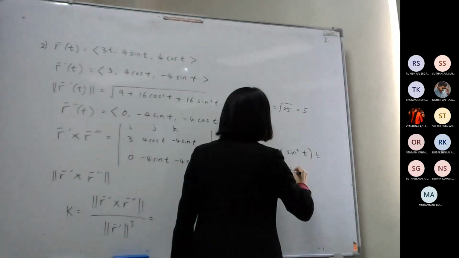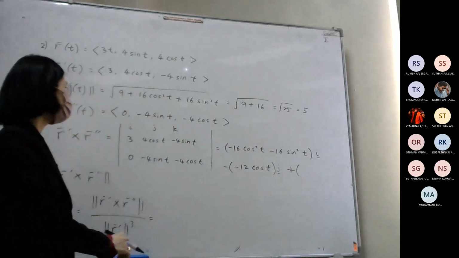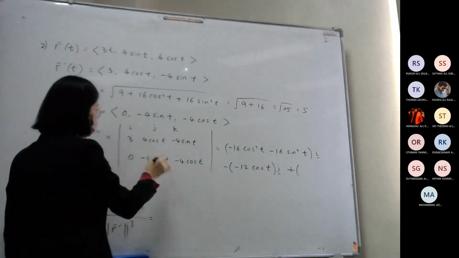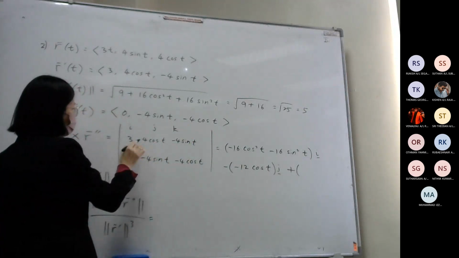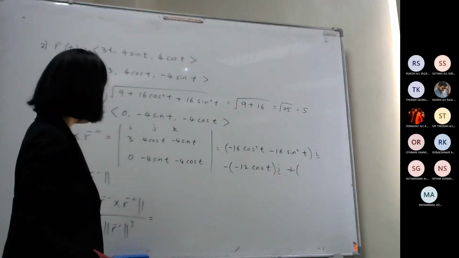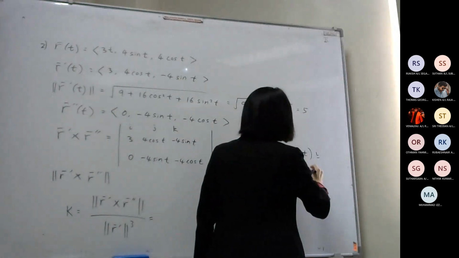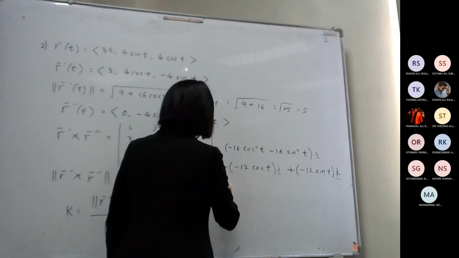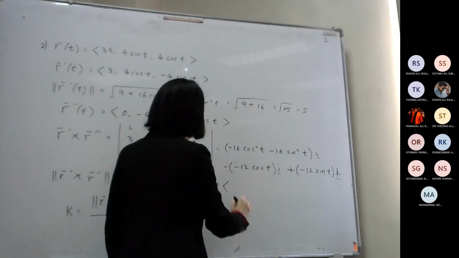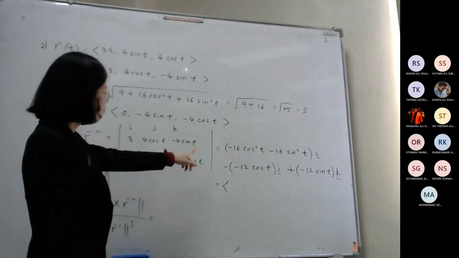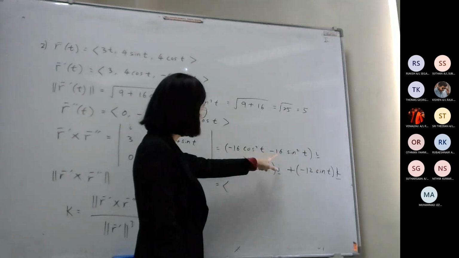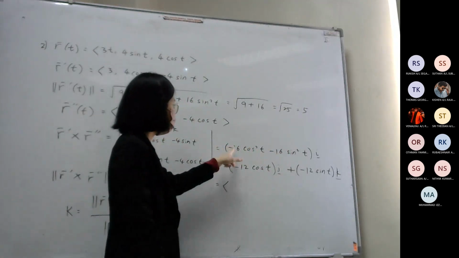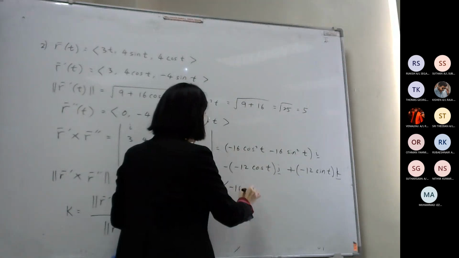Then plus the component function of k. Cover the row and column of k, AB minus BC. AB gives negative 12 sin t. Now simplify: factorize negative 16, you get cos²t plus sin²t, which is 1, so you have only negative 16.